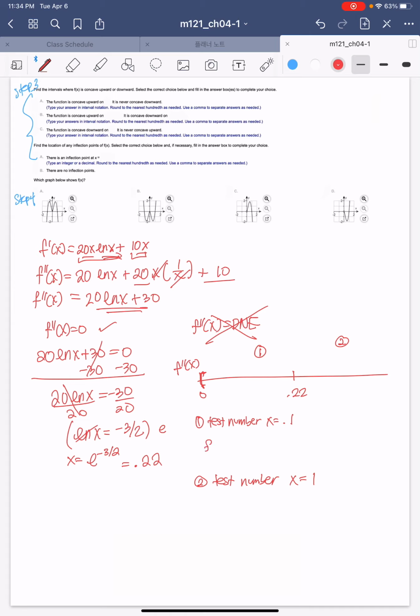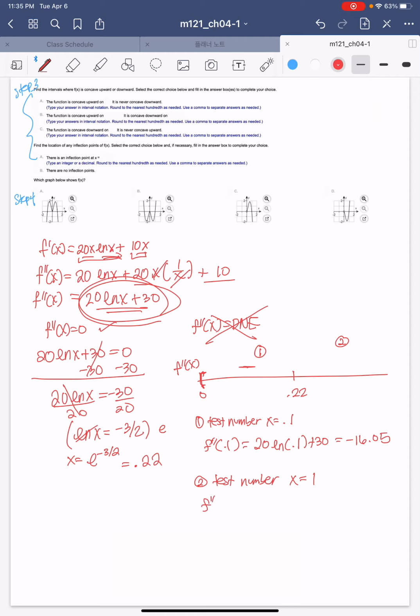So f double prime of 0.1, I'm gonna plug into this function, 20 times ln of 0.1 plus 30, which is equal to negative 16.05 on the calculator. So I get a negative.